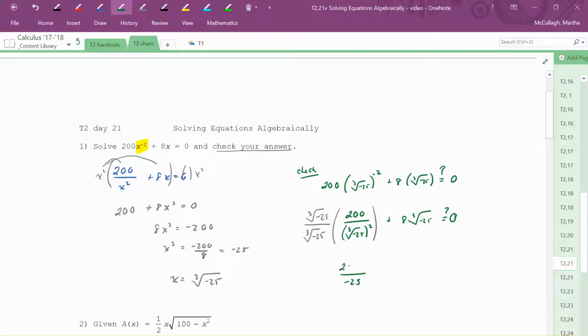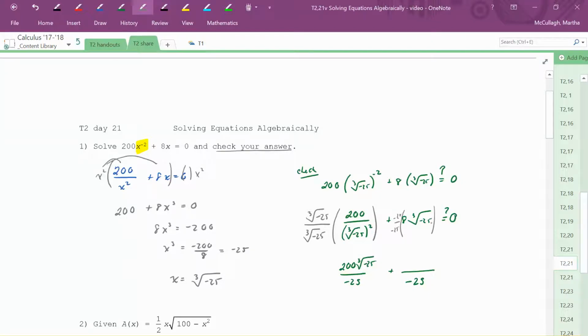And on the top, I've got 200 cube roots of negative 25 plus, well, if I want to have the same denominator here as I have here, I'm going to want a negative 25 here. In order to get the negative 25, I'm going to need to multiply this by negative 25 over itself.